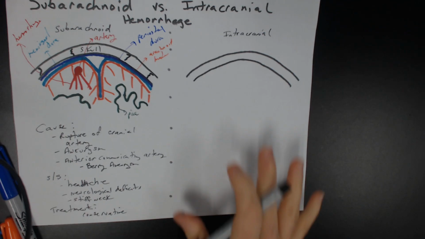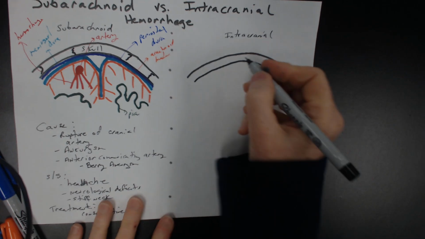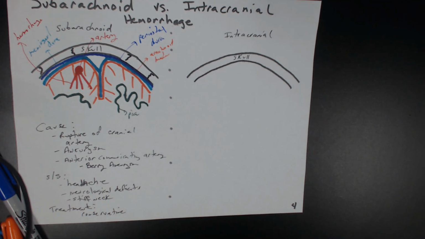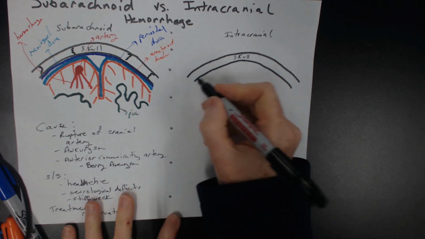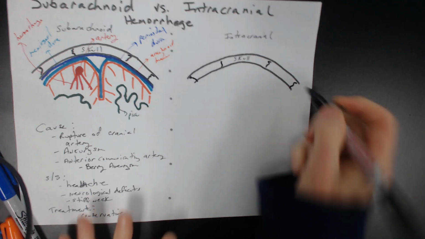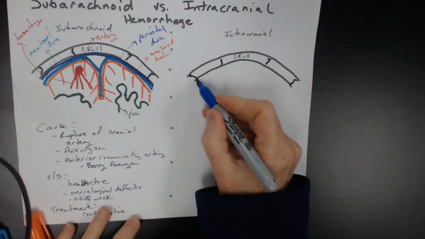Now let's go ahead and move over here to the right side and look at the intracranial hemorrhage and start rapidly labeling. So these are two we can compare. These are your suture lines. I think everybody hopefully has gotten the concept of the periosteal dura tightly adhered to the skull.